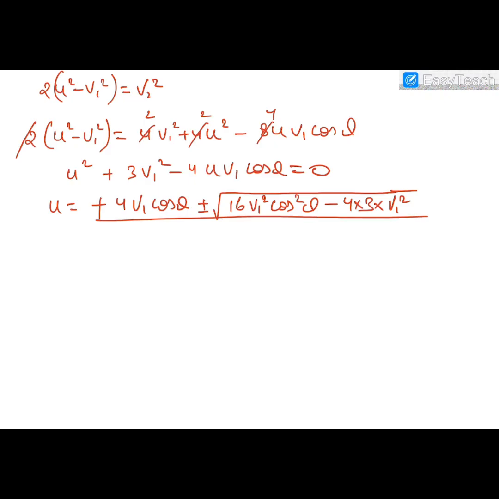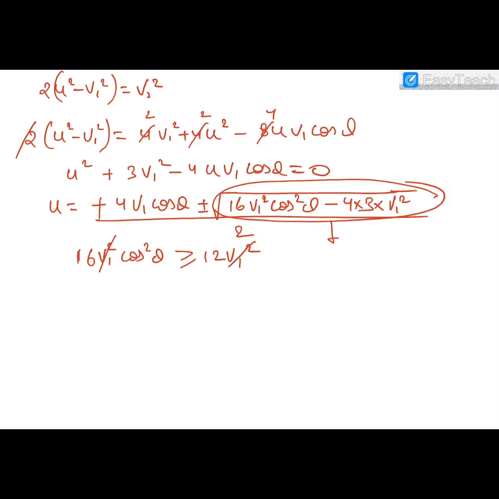divided by 2. We know that u cannot be imaginary, so the discriminant should be greater than or equal to 0. So 16v1 square cos square theta should be greater than or equal to 12v1 square.